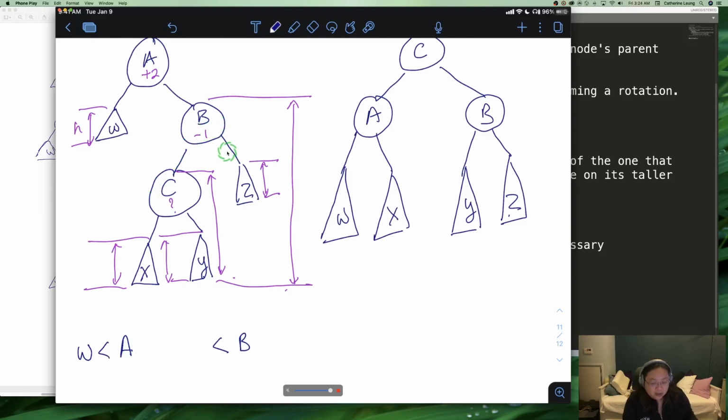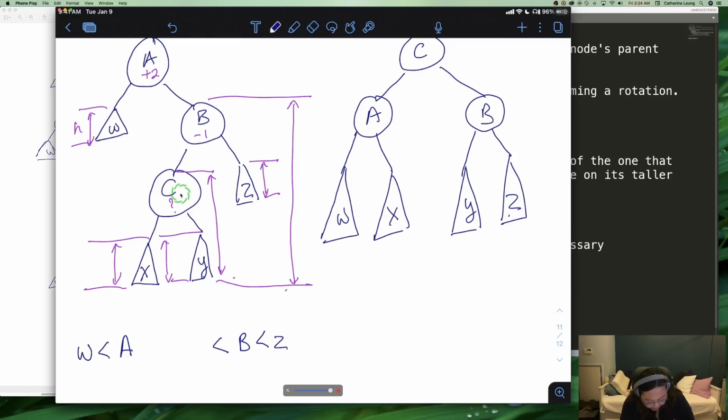Now Z is bigger than B. What about C, X, and Y? All of X, Y, and C are to the left-hand side of B, right?